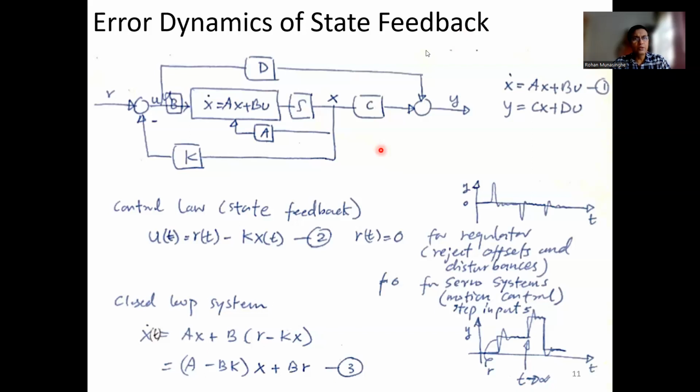Now, in order to get to the error dynamics, you need to have the error rate and the error, and then try to figure out how they are related. So for that, we use these equations. Say, for example, equation 3 here, rate of change of state vector, right? All the states, their rate of change. You have this equation, A minus BK times x plus Br.